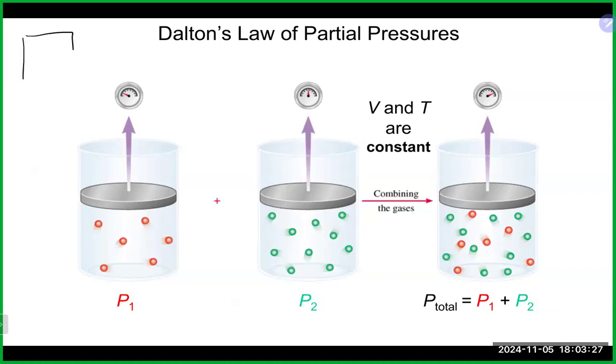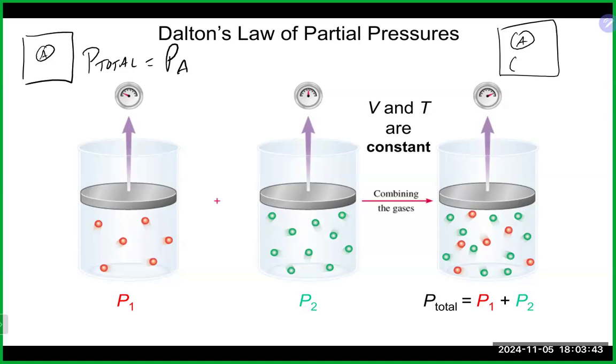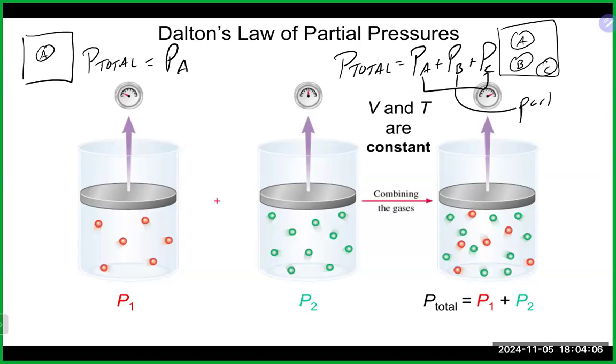If we had a container and the only gas molecule in that container is gas A, that means the total pressure of that container is basically all from the pressure of gas A. Now, if we have a container where we have gas A, gas B, gas C, I know my alphabet, and all these gases are flying around, the total pressure of that container would be the pressure of gas A plus the pressure of gas B plus the pressure of gas C. These are what are referred to as partial pressures because they each partially contribute to the overall pressure of that mixture of gases.